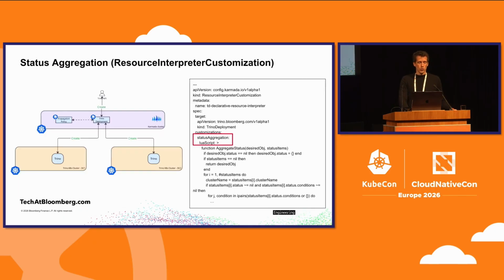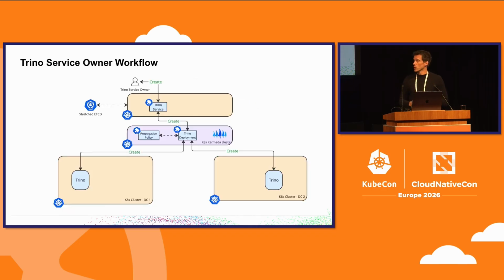Okay, so to sum up the Trino service owner workflow. The user creates a Trino service and submits it to the Trino API. Our controller creates a Trino deployment and submits it to Karmada.